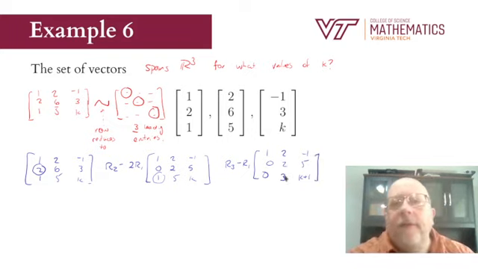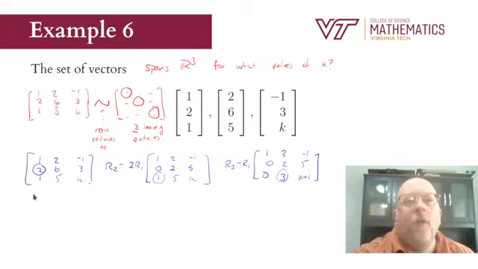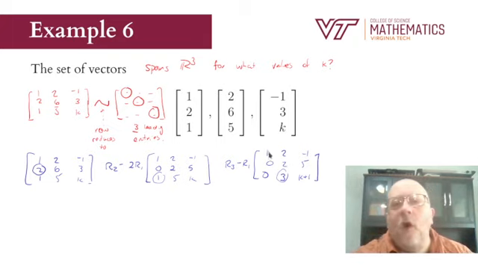All right. Now we want to get rid of the 3. How are we going to do this? I don't want to use row 1 because that 1 will come back down here and contaminate the 0 we've got. So I have to use row 2, and that means I have to use the lowest common multiple trick. So I'm going to take 2 times row 3 minus 3 times row 2.